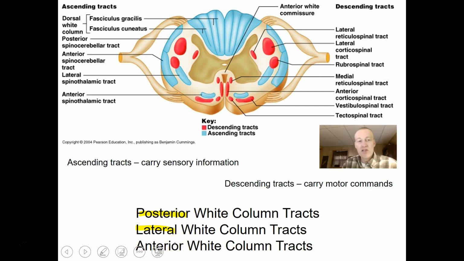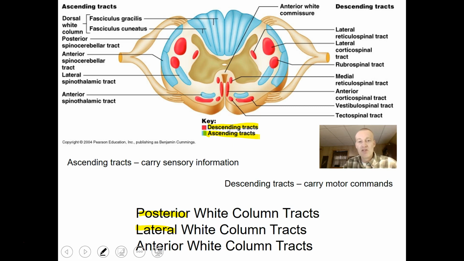These tracts carry information. If you look at the coding up here, the red represents descending tracts, taking information from the brain through the spinal cord, and the ascending tracts carry information from the spinal cord to the brain, and they're colored blue in this particular region here.